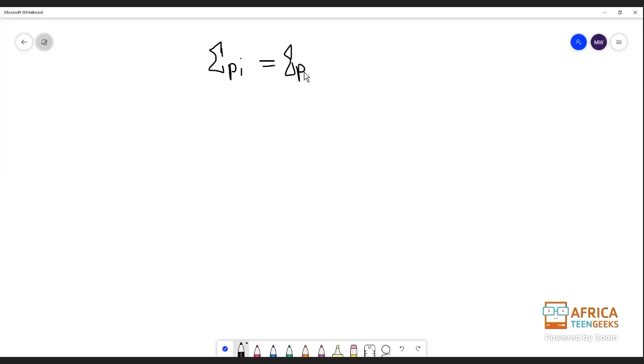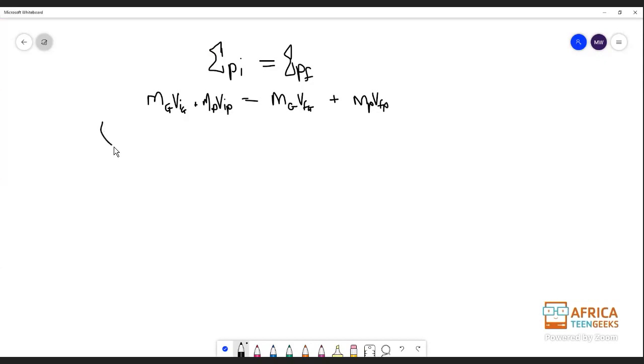So the mass of the girl times the initial velocity of the girl plus the mass of the parcel times the initial velocity of the parcel is equal to the mass of the girl times the final velocity of the girl plus the mass of the parcel times the final velocity of the parcel.